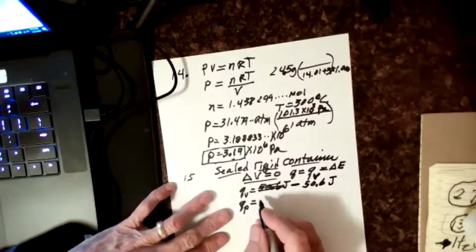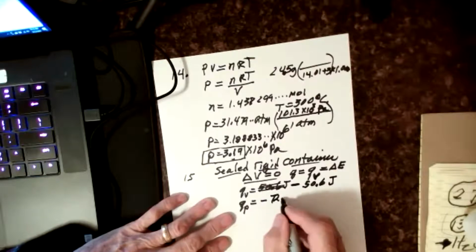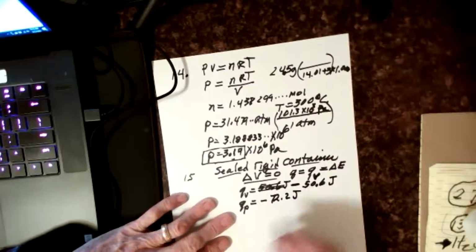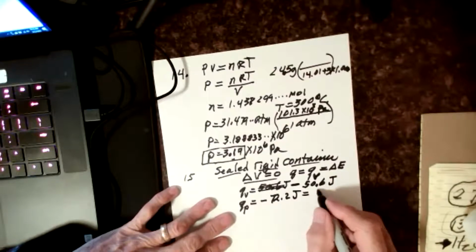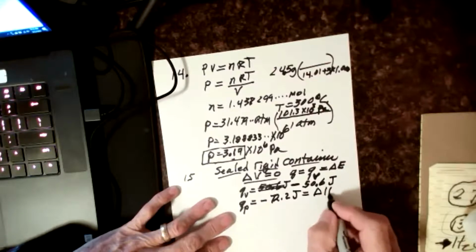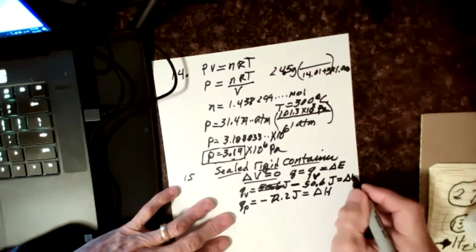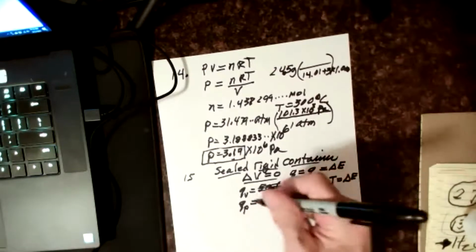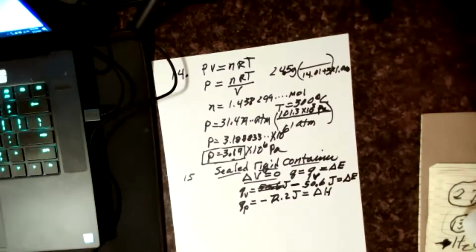And Q at constant pressure is minus 72.2 joules, and that's also equal to delta H. And this one up here is also equal to delta E. So this is all of the information I can get right now from the data given in the problem.